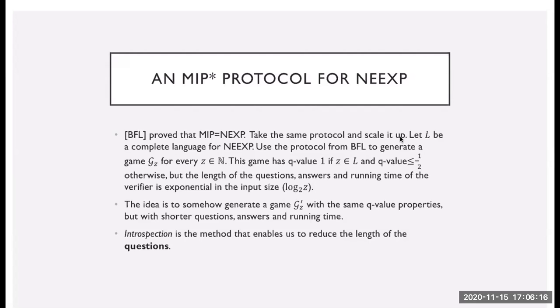If you are a polynomial time being, you cannot send the questions, you cannot receive the answers. So this protocol, in some sense, is irrelevant, but the point is to somehow reduce the size of the questions and reduce the size of the answers. And this is a very important point.